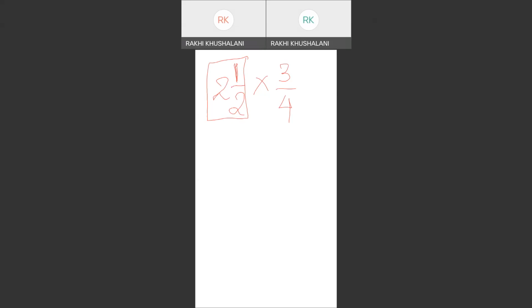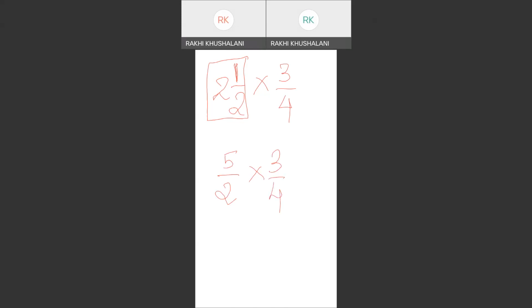So here, what is the rule? Multiply, add, and keep the denominator. So 2 into 2 is 4, 4 plus 1 is 5, and that makes it 5 by 2, into 3 by 4.